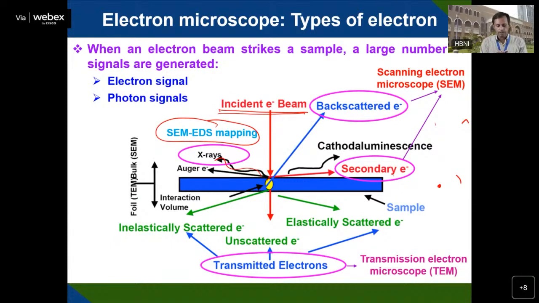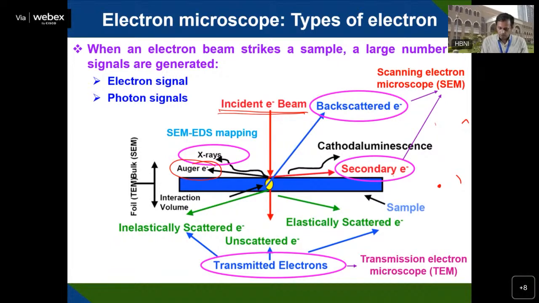Whether it is K alpha, K beta or L alpha that you are generating, those K alpha and K beta lines can be used to analyze the elemental composition of the sample. In addition, when the electron beam falls, some Auger electrons can also be generated, and those can be used for Auger electron spectroscopic analysis that we discussed in the last lecture.